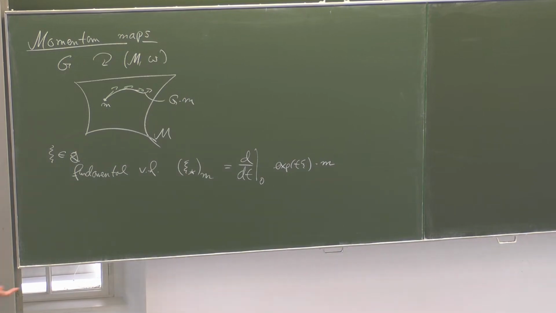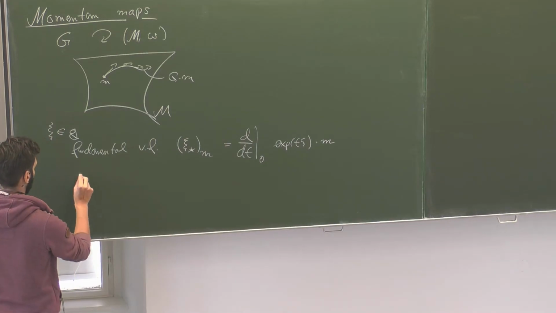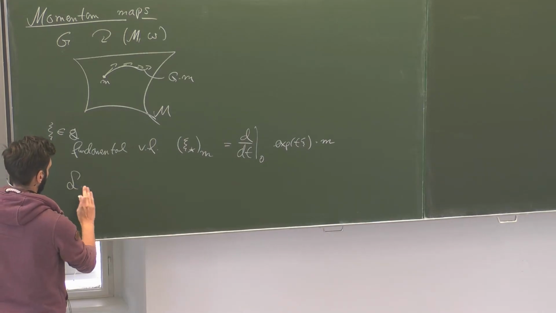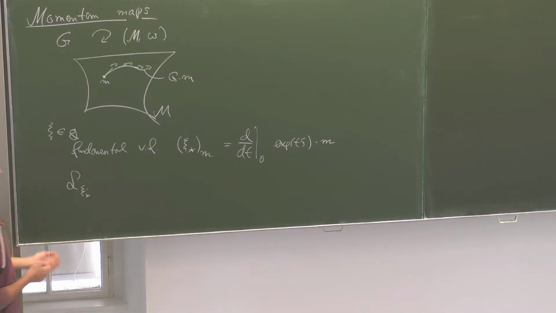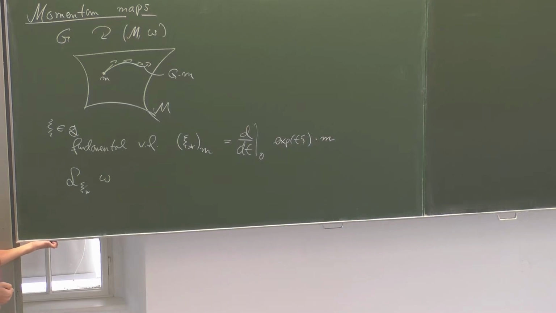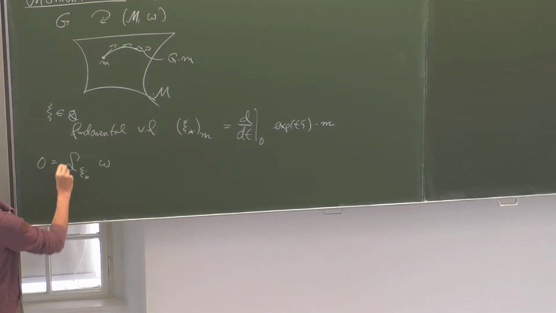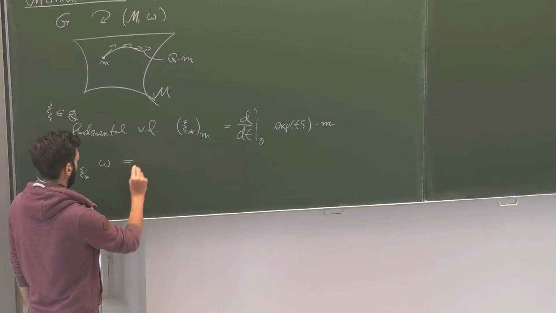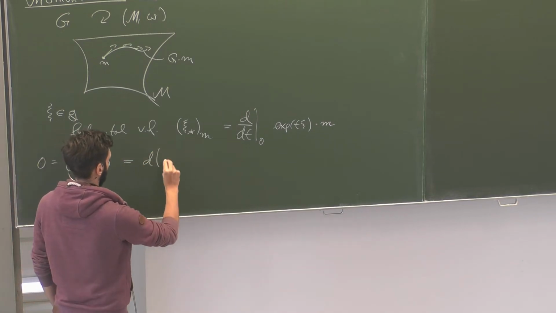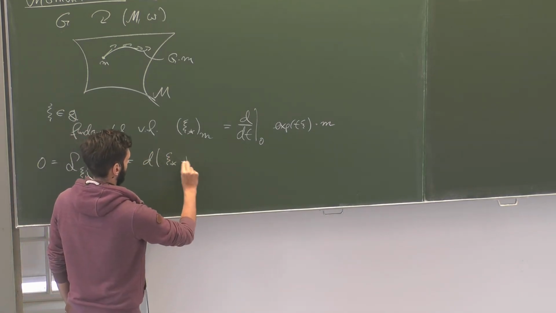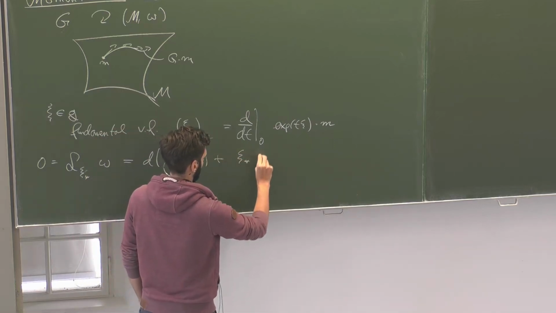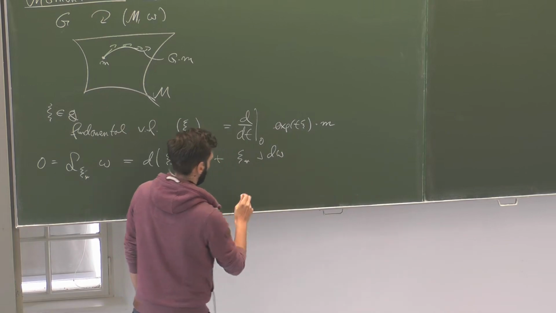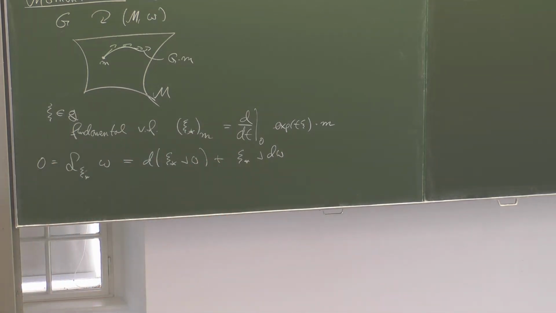And because we assume that the action preserves the symplectic form, if you take the derivative, what this means is that the Lie derivative of the symplectic form has to be 0. So now we use our Cartan theory, or the Cartan magic formula, meaning that we get a formula of that form.